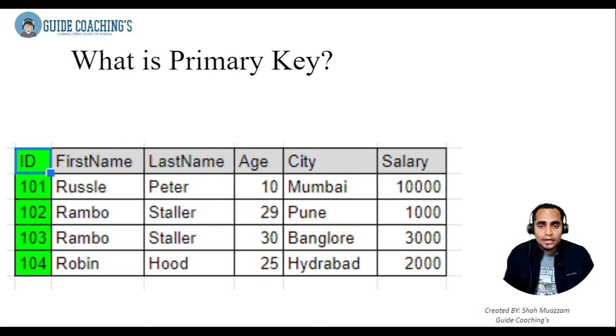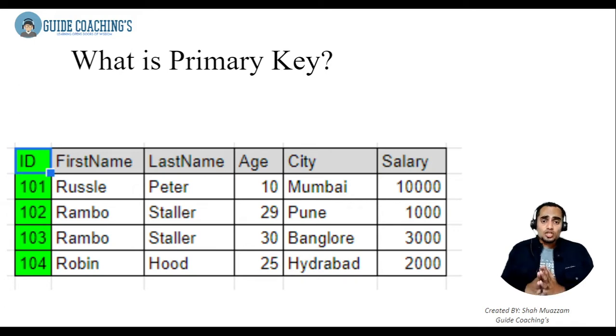If I do, the compiler will give me an error that you cannot apply multiple primary keys to a single table. That is the condition you need to keep in mind whenever you are asked about primary key. You should be able to explain these scenarios and conditions, that why it is not allowed to use the primary key for multiple columns in a single table.